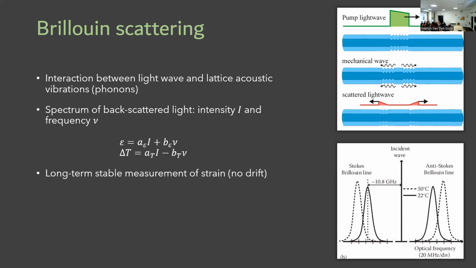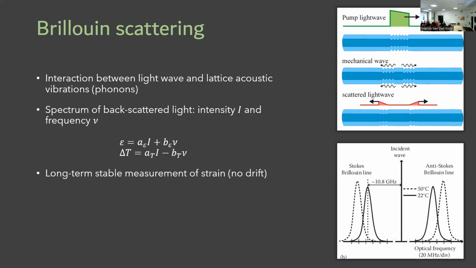So with this technique, we can measure both strain and temperature, or at least temperature changes, independently from each other, because we measure both the intensity and the frequency of the Brillouin spectrum. So at least in theory, we can separate them independently. In practice, it doesn't work so well. But anyway, there's still some progress to be made there.